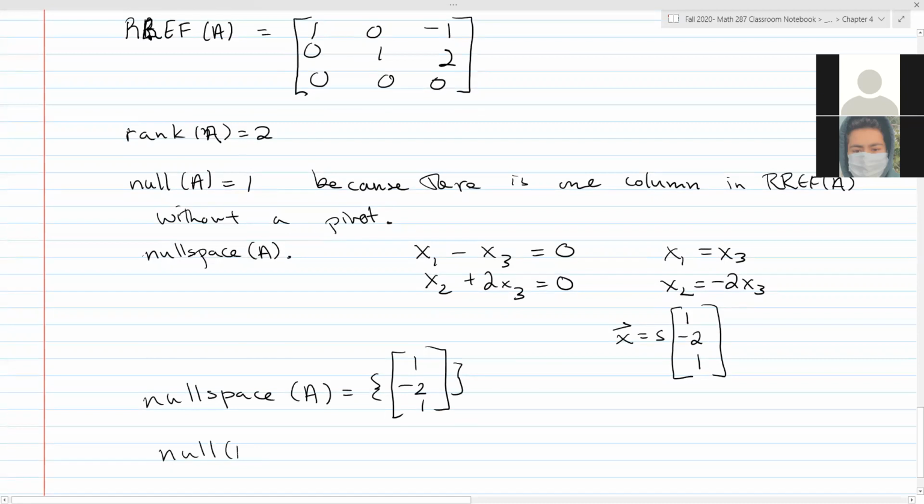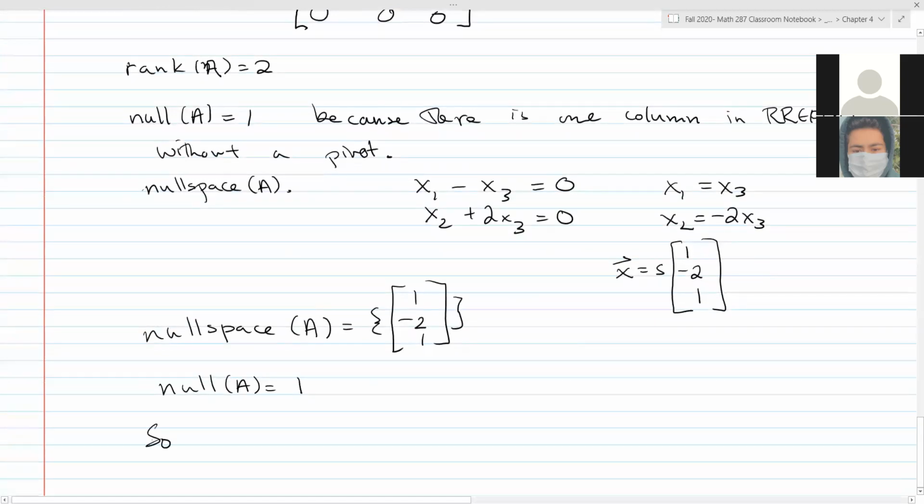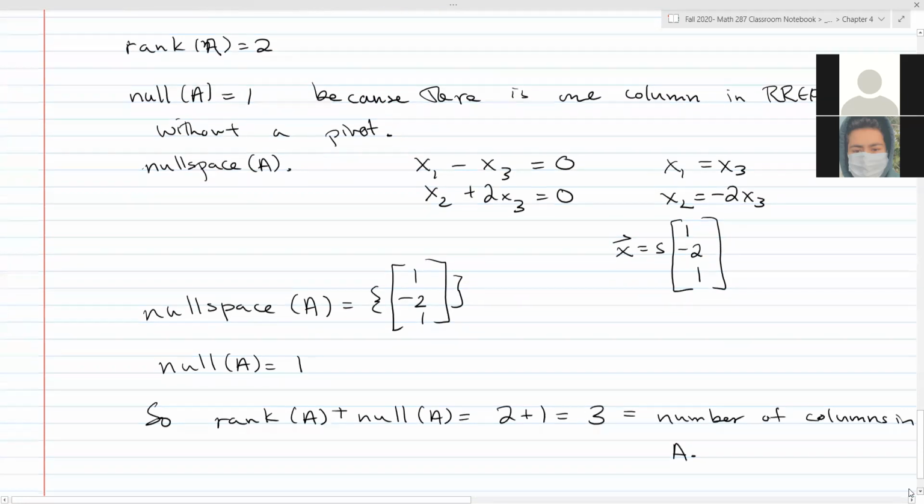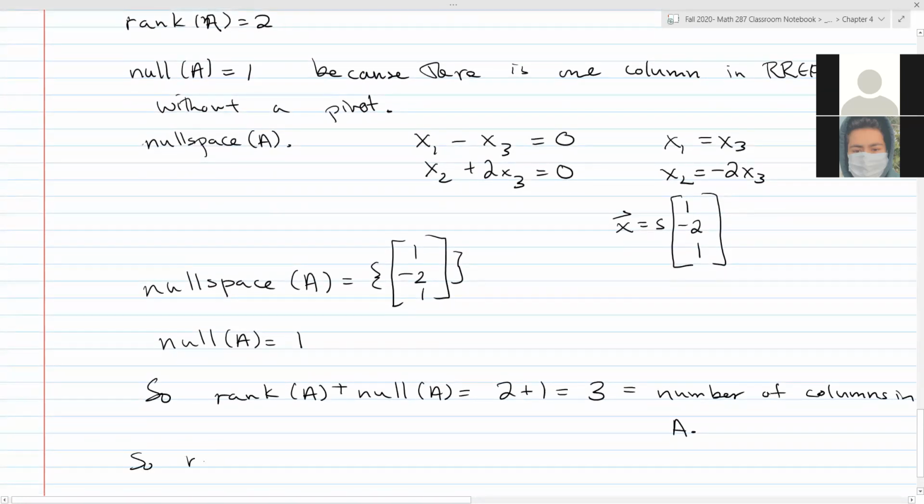So rank of A plus nullity of A equals 2 plus 1, which equals 3, which equals the number of columns in A. So rank nullity has been confirmed.